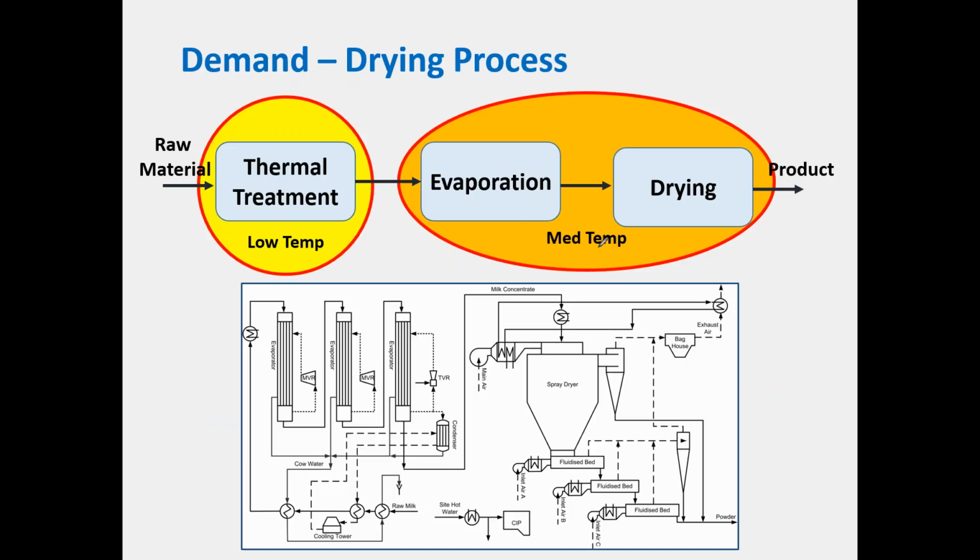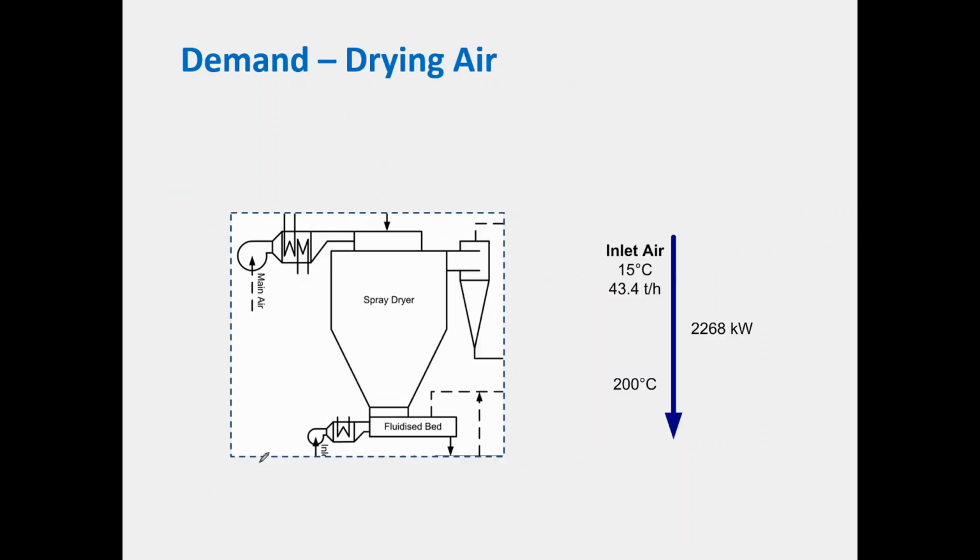And as we said before, the evaporation and drying process typically occurs at that medium temperature range. And in this case, it's typically between 100 up to about 250. So what we're going to do is just focus in on one particular stream, this main air to the spray dryer.